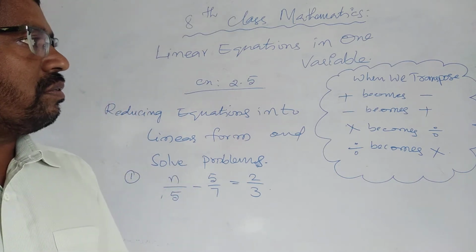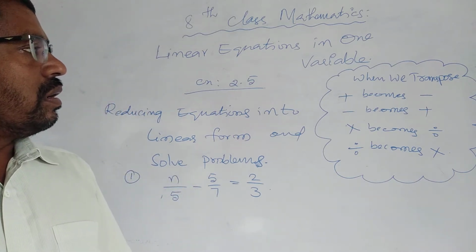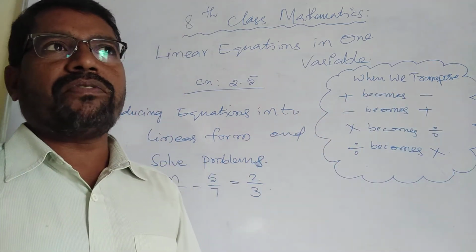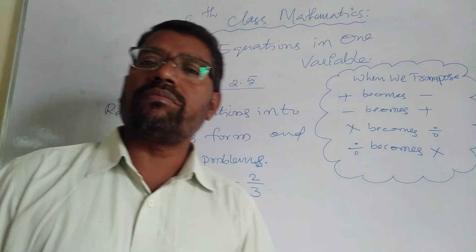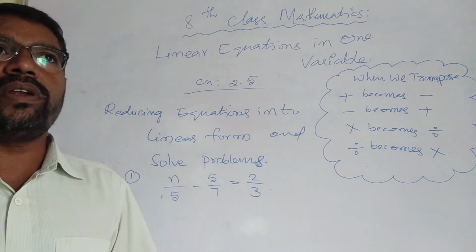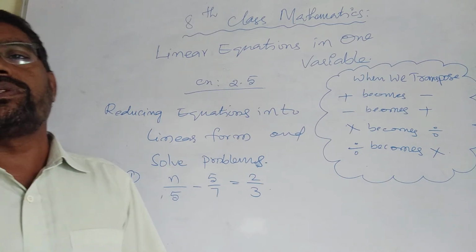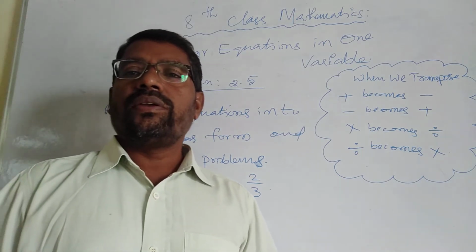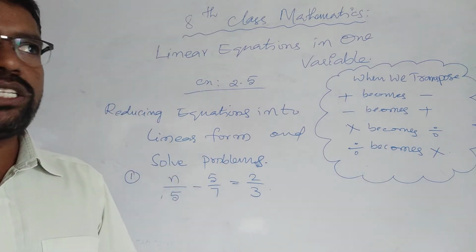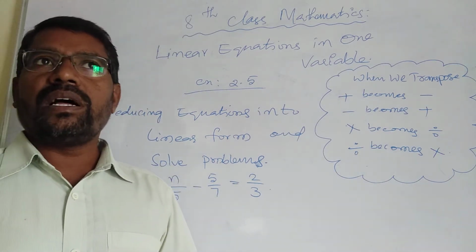Children, this is a very easy method you already know. When we transpose, that means shifting symbols from left hand side to right hand side and right to left, you should easily remember this from your previous classes or your textbook. Please check the symbols.